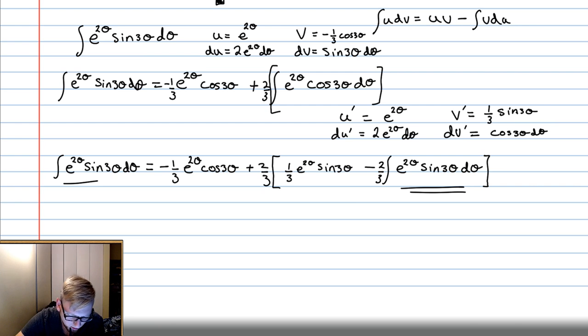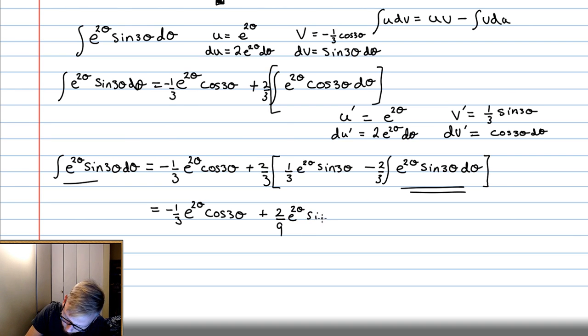So is that where we just end off and we're going in circles forever, or do we mess with something? Let's try messing with something. So I'm gonna write this down, same as before. But now I'm gonna distribute the 2/3. So this would be 2/3 times 1/3, which is 2 over 9, e to the 2 theta sine of 3 theta.